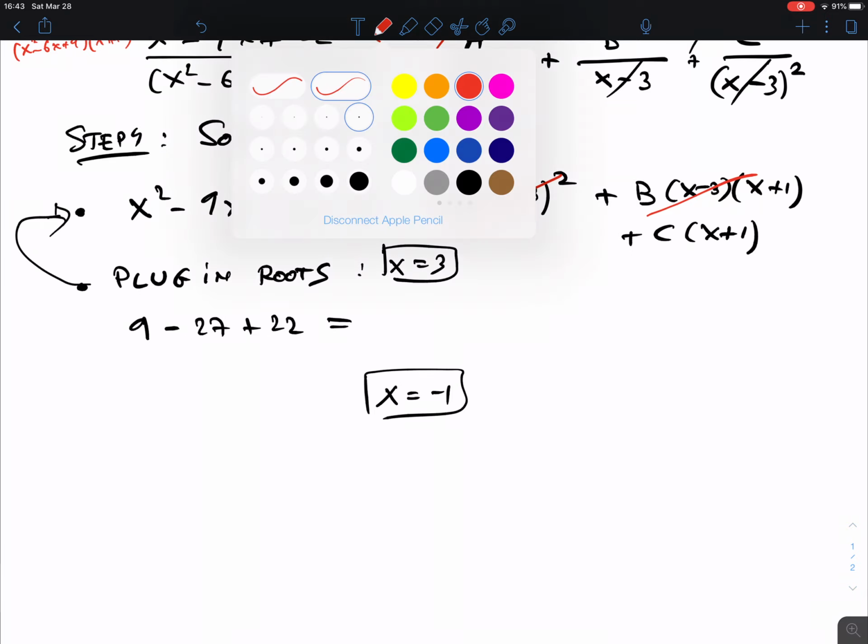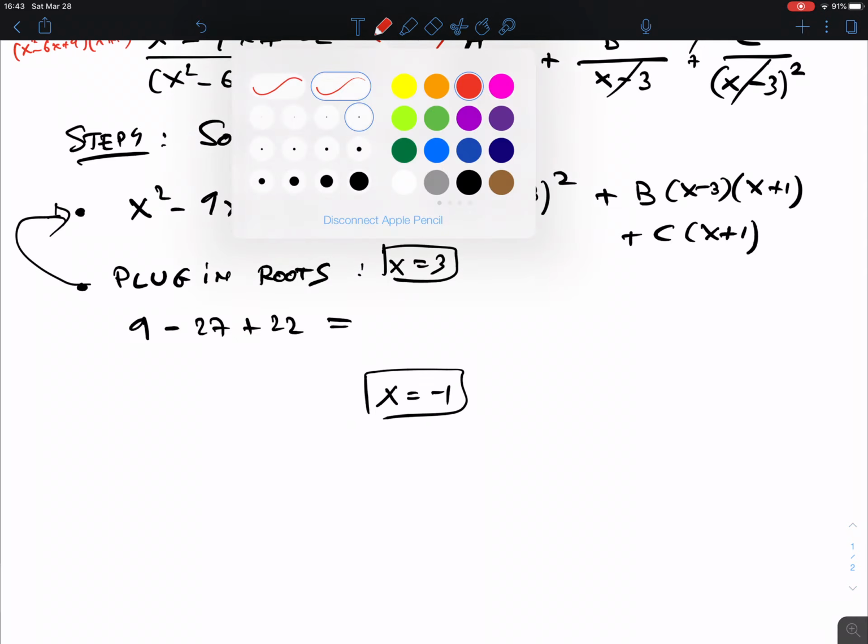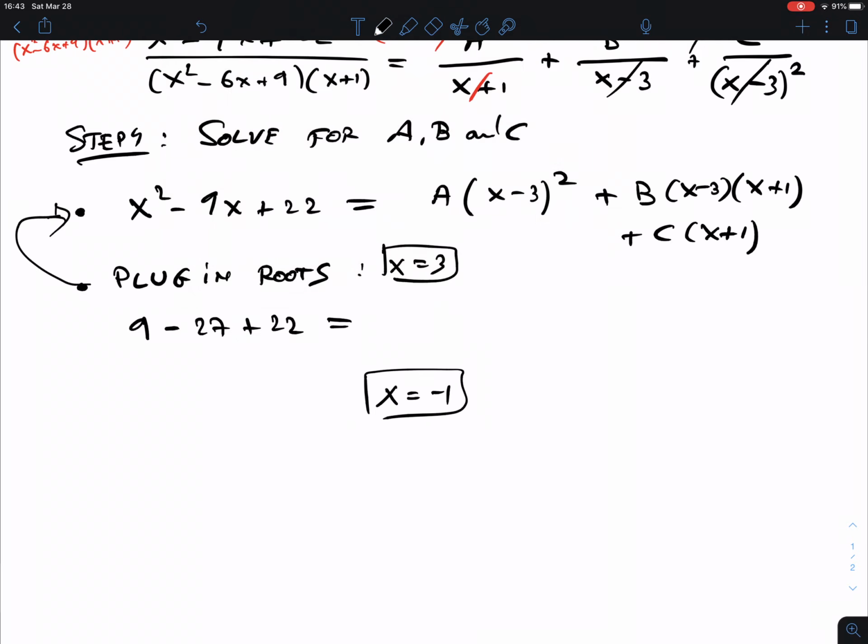That's the term that's left, C times 3 plus 1. 3 plus 1, which is 4. So what is this? This is now 31 minus 27, that is 4. And this is 4C. So from that we see that C is 1.